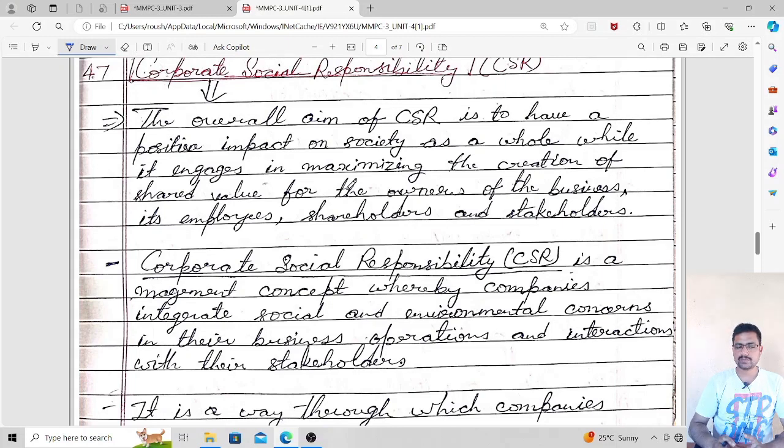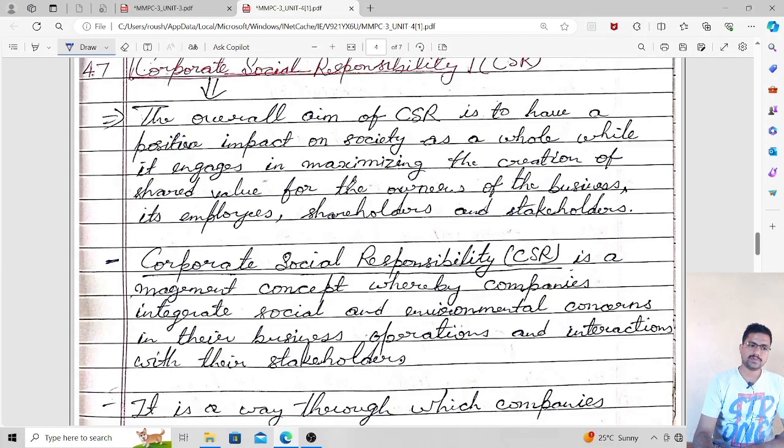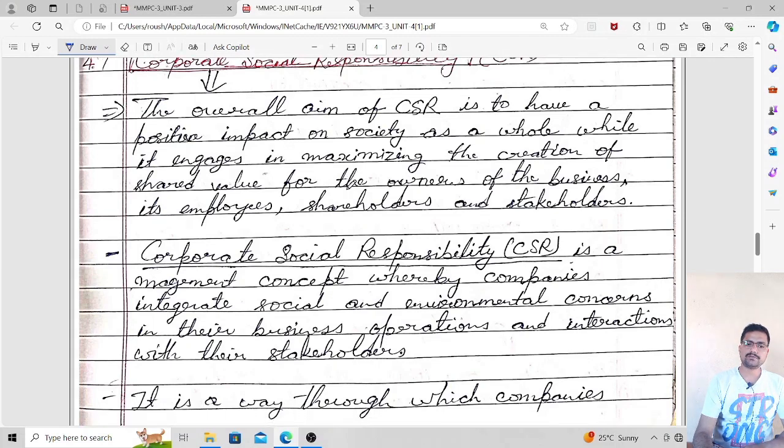So this means corporate social responsibility is to have a positive impact on the society as a whole. Hence, businesses should give benefit or you can say profit to business owners or shareholders, but at the same time, as a whole, businesses should have positive impact on the society.